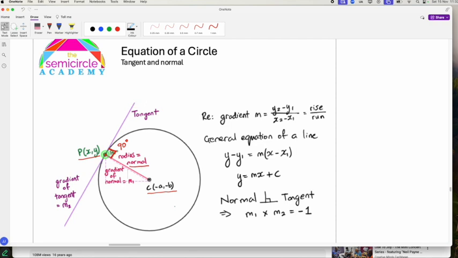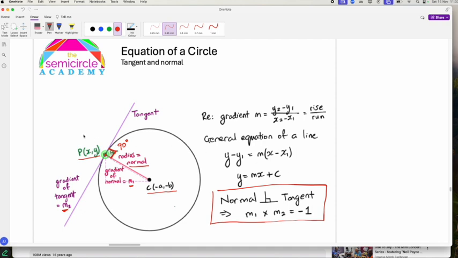And if the radius is a line with gradient m1 and the tangent is a line with gradient m2, well then the normal and the tangent, their gradients will multiply to give you -1. You see it coming back again.